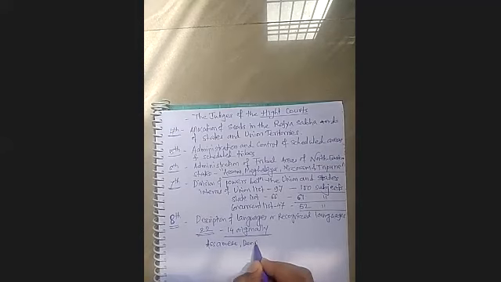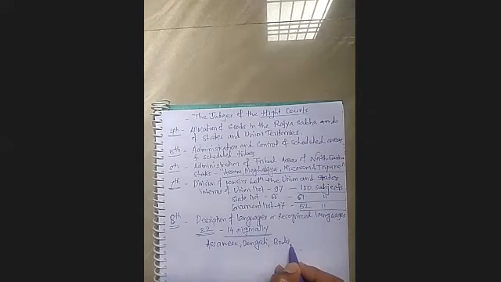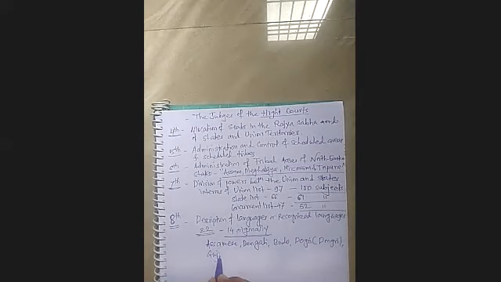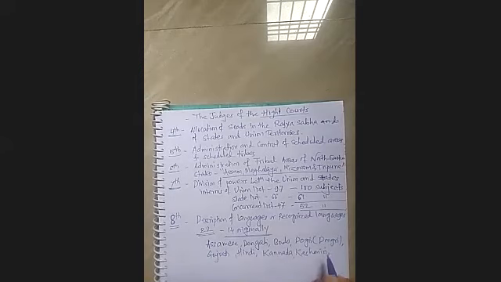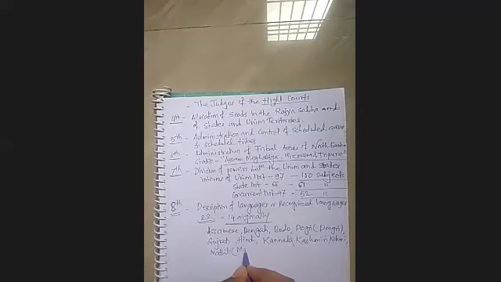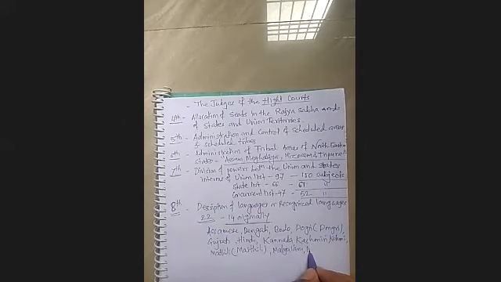Assamese, Bengali, Bodo, Dogri, which is also known as Dongri, Gujarati, then Hindi, Kannada, Kashmiri, then Konkani, Maithili, Malayalam, Manipuri.